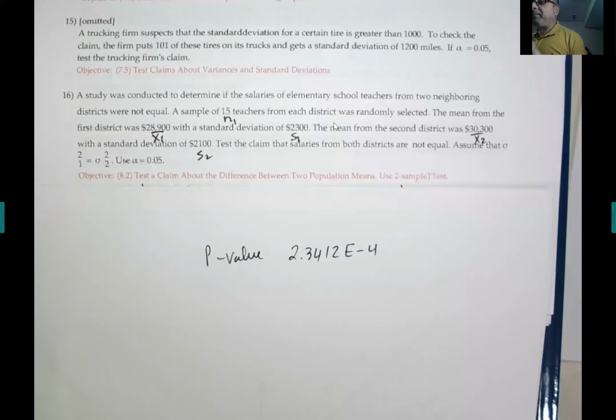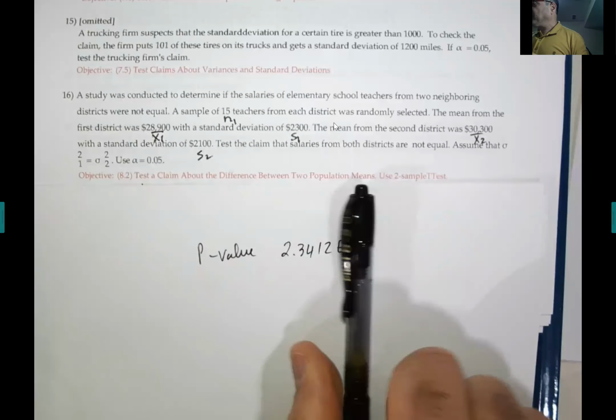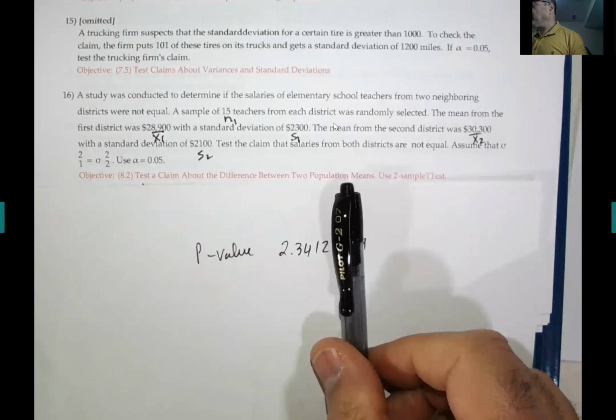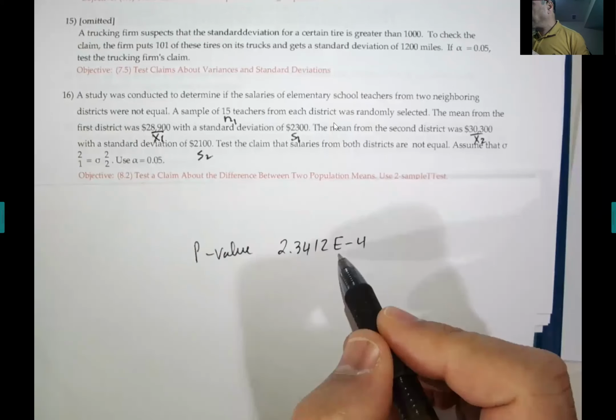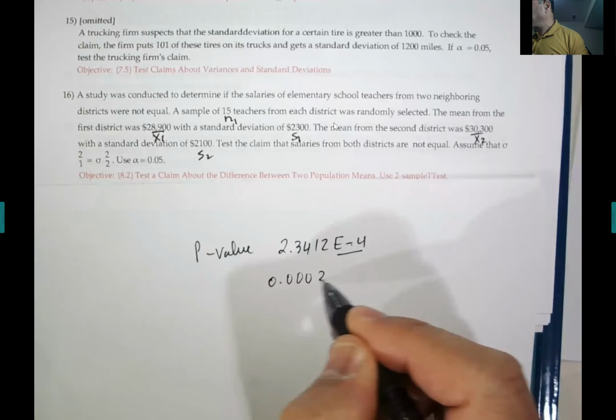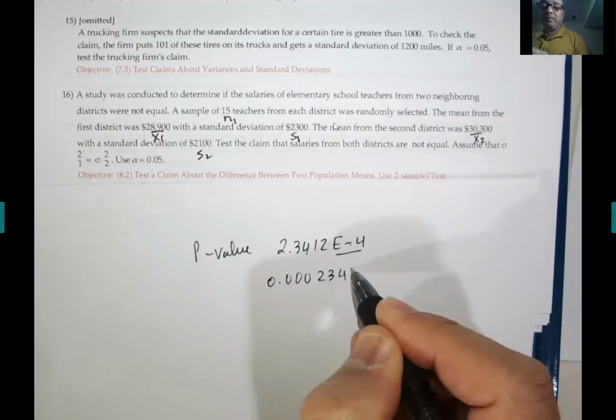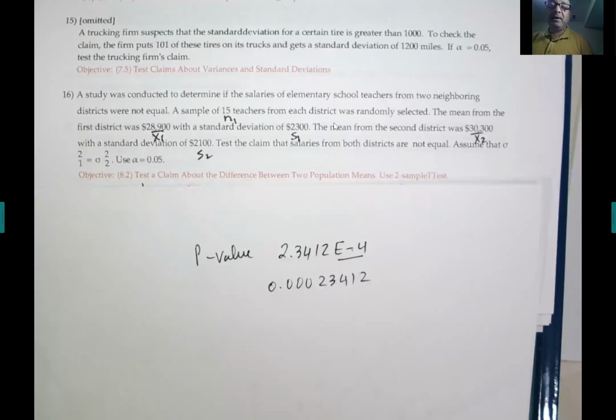The p-value is a probability, guys, and the probability cannot exceed 100%. So if you ignore the E, you're telling me that the probability is over 100%. That's impossible. Please pay attention to this. This means you have to move 4 digits to the left. So actually your actual value is this, which is almost 0. So please keep this in mind when you work with the calculator.